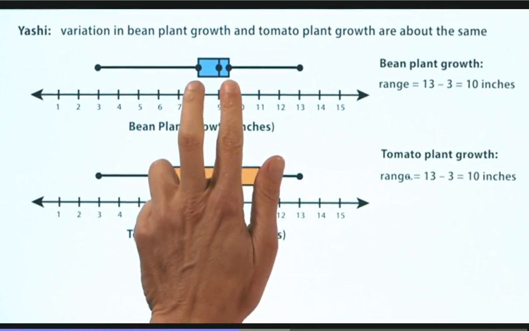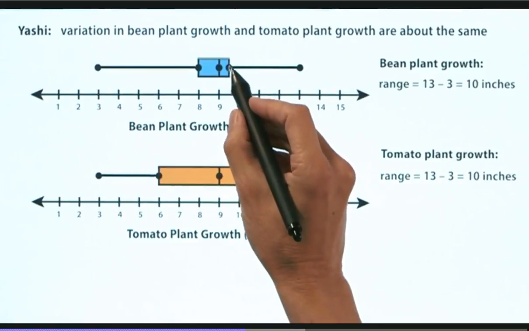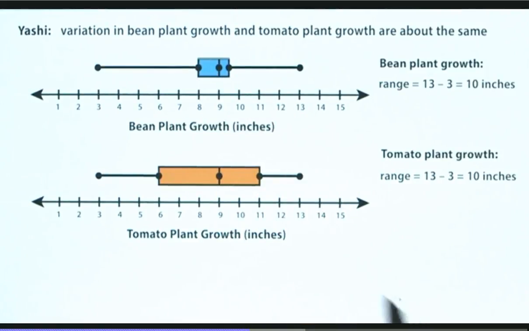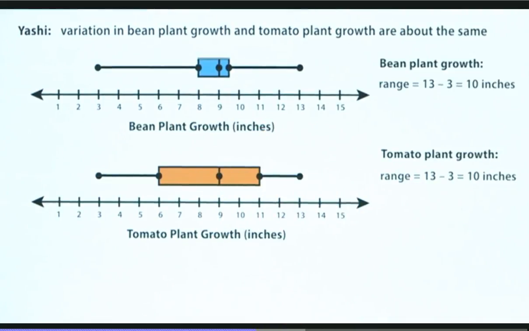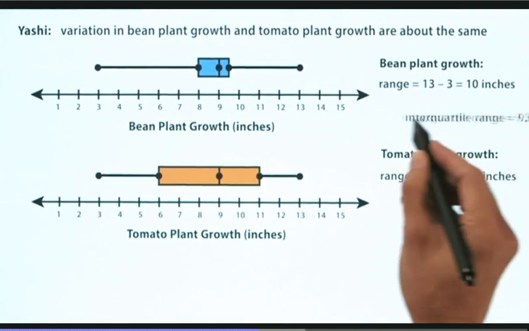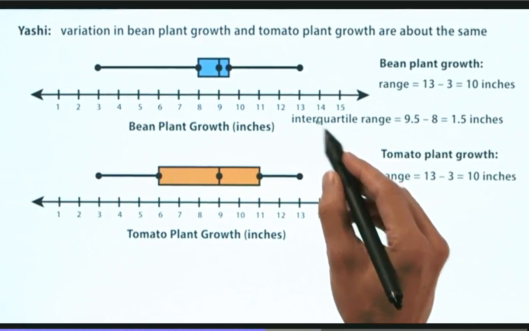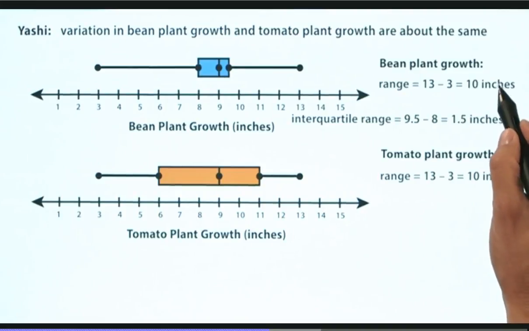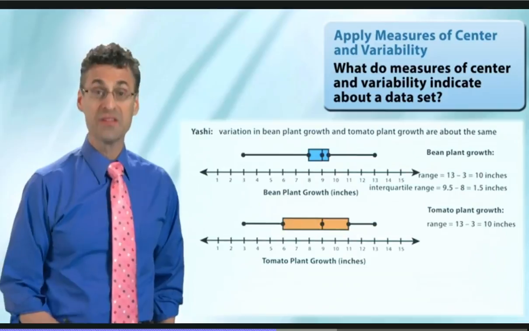That would be the length of this little rectangle, the distance between this point here and that point right there. So what would it be? This is about between 9 and 10, so that's about 9.5, and this is 8. So the interquartile range is the difference between 9.5 and 8, and that is actually 1.5 inches.